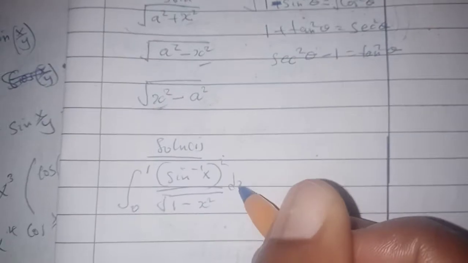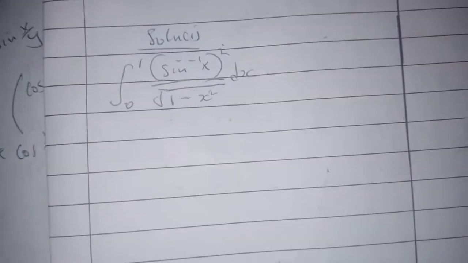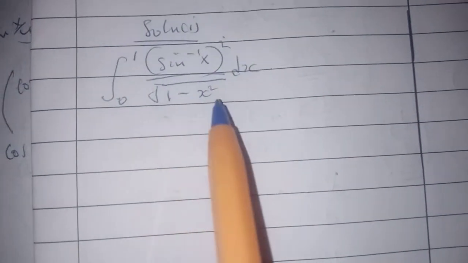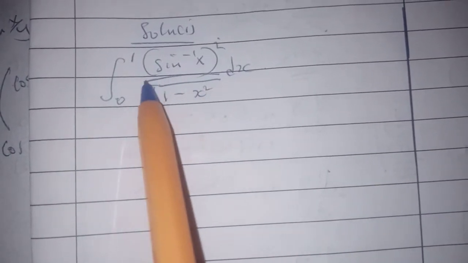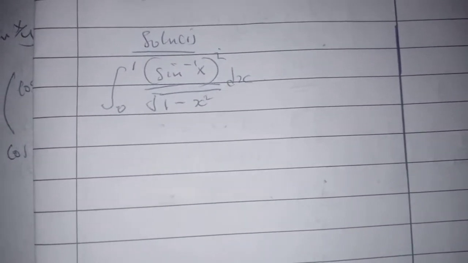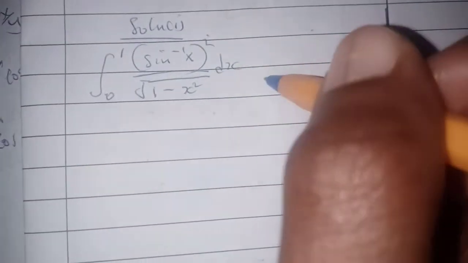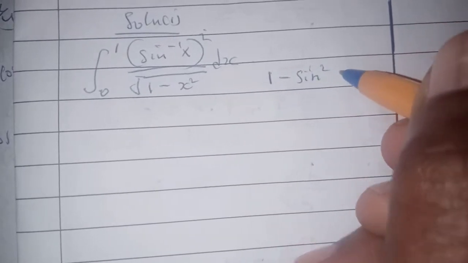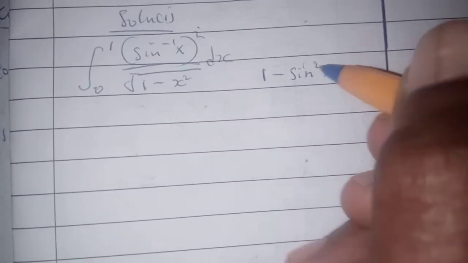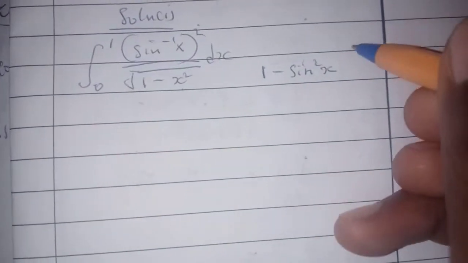So let's apply the trigonometric substitution, because we fall under one of those scenarios. Now we can say here, since 1 minus sine squared x, we shall use x equals to what?